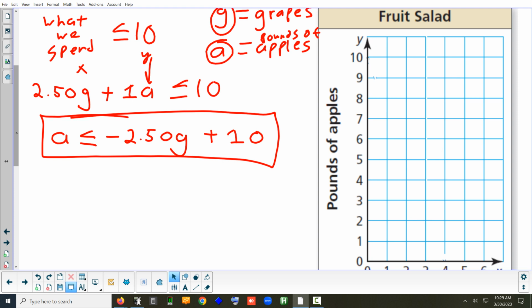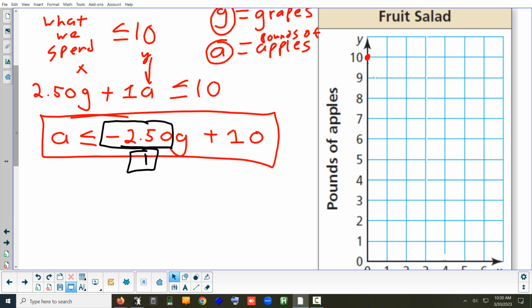Okay, so what's my y-intercept here? Yep, 10. So let's put a dot on it. And what's my slope? And we want to think of it as a fraction, so I could make it negative 2.5 over 1. So here's the top number in your slope, here's the bottom number.